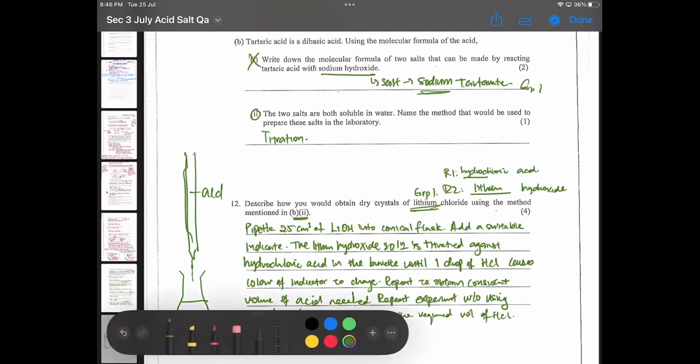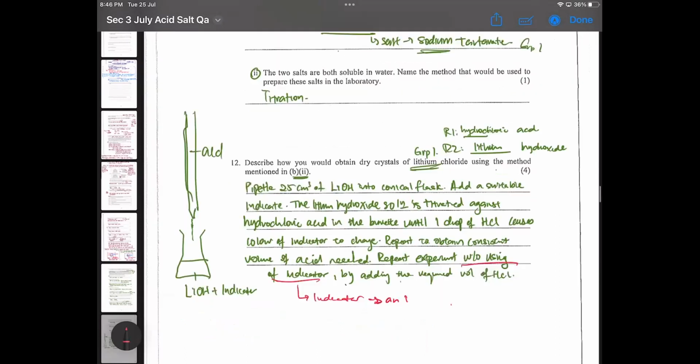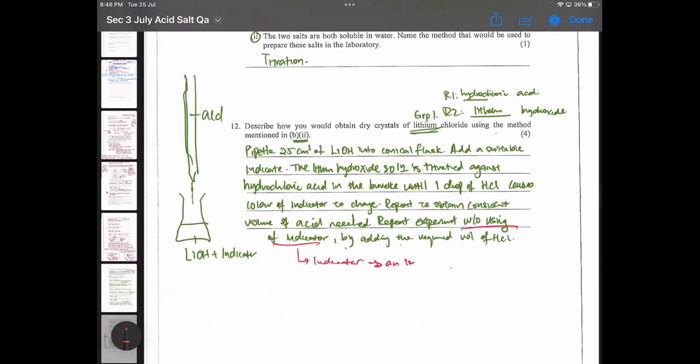As to why we do not want to add in the indicator, because the indicator will be an impurity. So since we already know how much to add, we simply add in the required amount of acid to your 25 cm³ of lithium hydroxide.